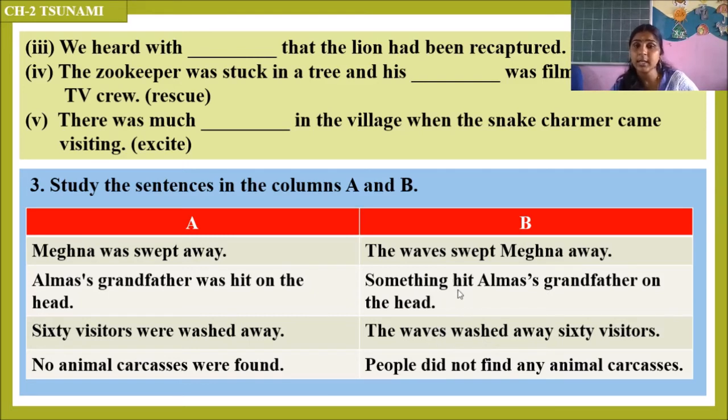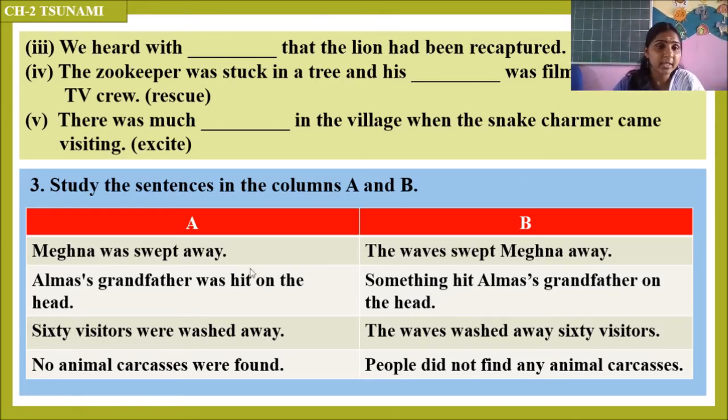Here also in hit, no helping word. And here in find, before it, nothing is there. So in this column, before the verbs, there are no helping verbs like was and were. And the doer is given the main importance and is mentioned at the first of the sentence, right? It is the first word, which means we are giving importance to the doer here. The doer is clearly telling who did that and how or what they did, right?